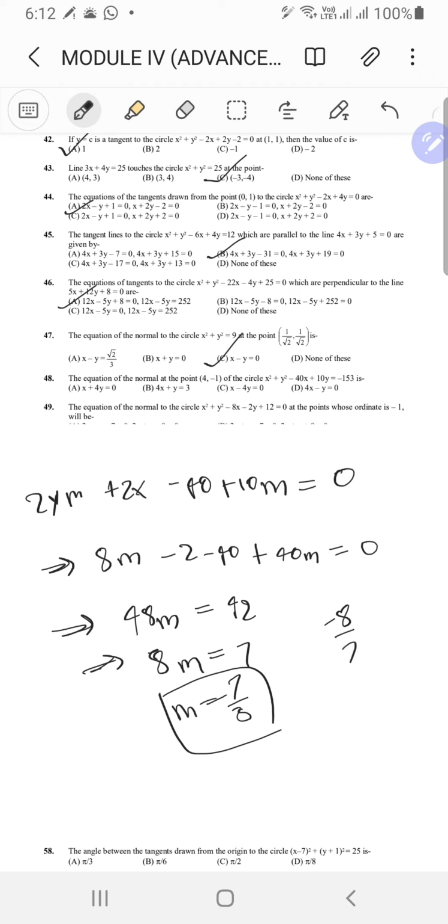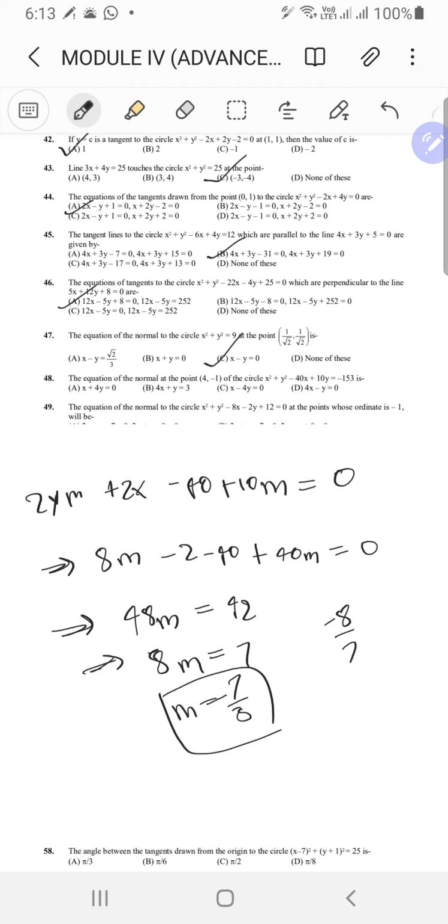I don't know if 7 by 8 is actually the correct value. Let's check once again. Minus 40 plus 10m minus 153, that's 0 now. So we put 4 comma minus 1. Oh yeah, it is definitely not correct. It's minus 1 over there.